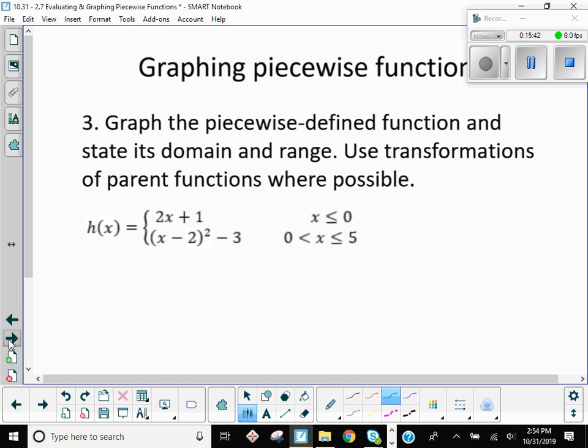So we have this piecewise function made up of 2 parent functions that have been transformed. These domain restrictions, remember yesterday when we were cutting the graphs, like vertically, we cut through them? That is what we're going to be thinking about with these things, the domain restrictions. And then these are going to be our parent graphs that we're cutting, only this time, instead of giving you the graph already, we have to graph it ourselves.